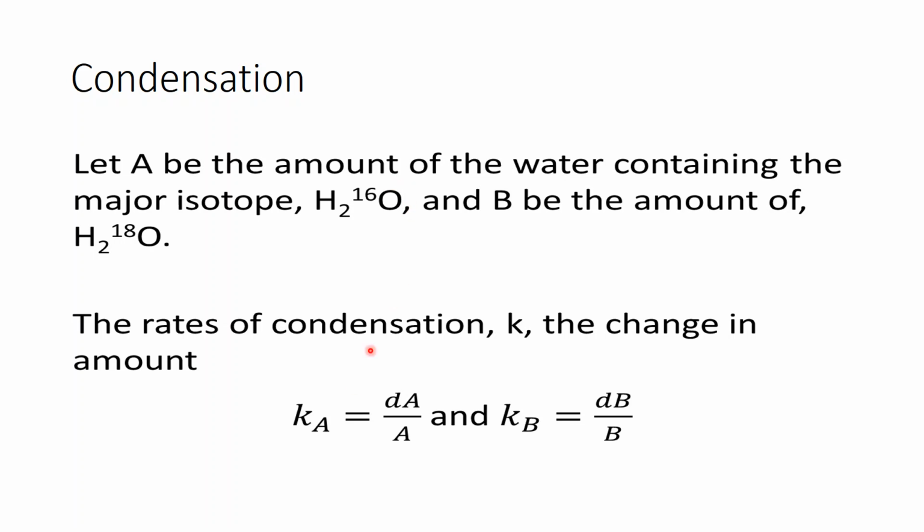So at any one point, the rate of condensation here is the rate of change of the amount of water vapor we have. And similarly for the heavier isotope, sorry, that's basically the rate of change of how much vapor we have and how that's changing through time.